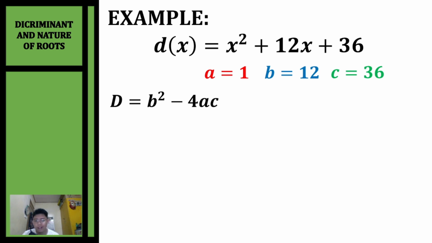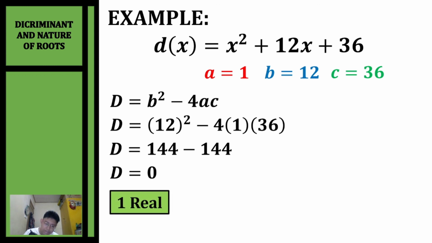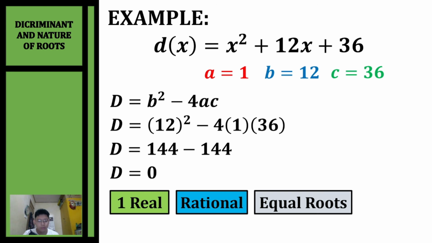Then we simplify. We will have 144 minus 144. Combining like terms, our discriminant is equal to 0. Now that our discriminant is equal to 0, the nature of our roots will be one real number that is a rational number. We will have two equal roots.